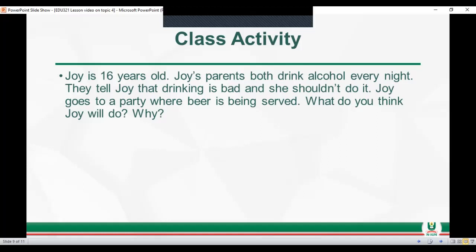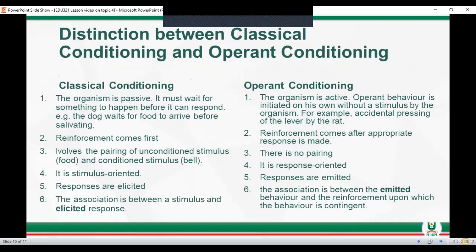So with this, we come to the end of the class. Please go through this distinction between classical conditioning and operant conditioning, and try to get them separated for easier understanding.